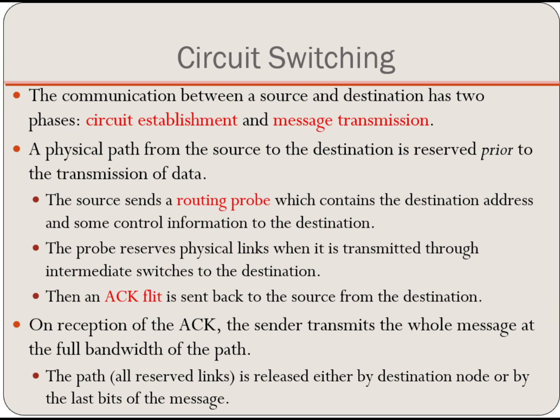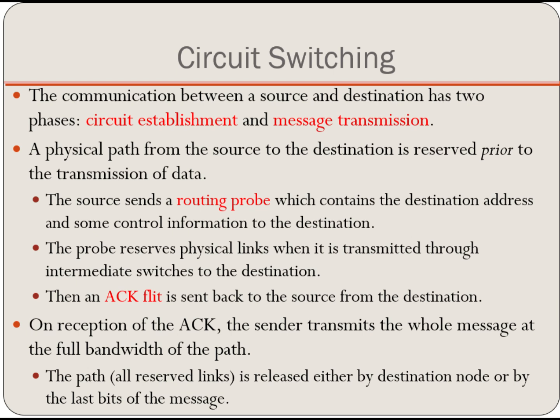So in general, the routing probe will be more target oriented. The sender will not flood the probe on all outward links. It may select one or two possible routes based on its current knowledge about the network, so the probe may be sent out from just one or two outward links, that's all.